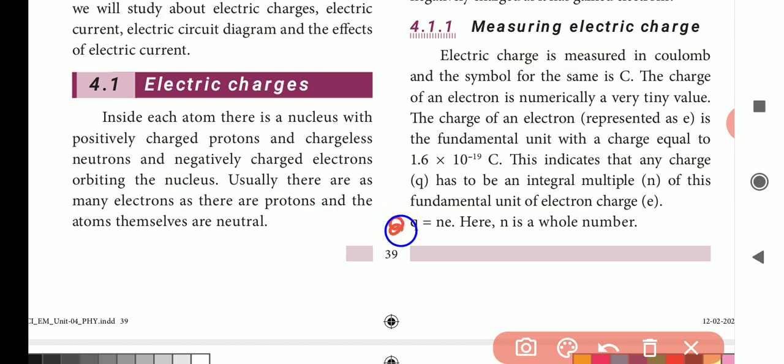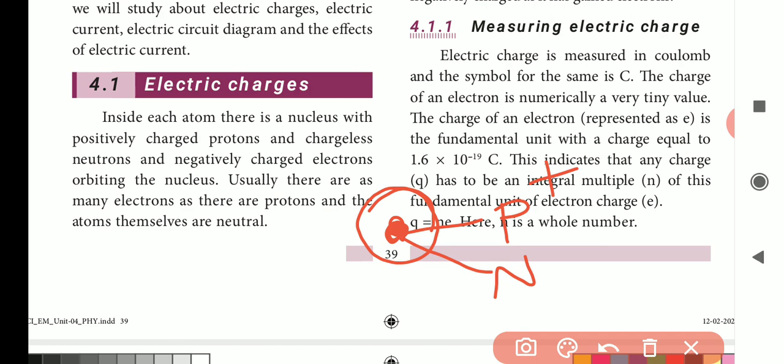This is the atom, and the atom has one nucleus. The nucleus consists of the positively charged proton and the chargeless neutron, and electrons are around the nucleus.